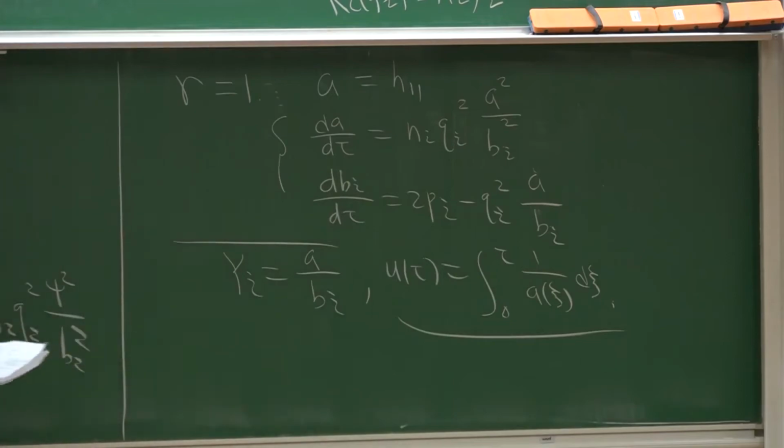My feeling from working with ODE methods is that sometimes changing functions, like changing AB to YI, is less dramatic than changing an independent variable. It makes the system sometimes much nicer.